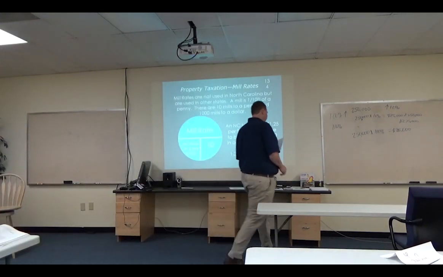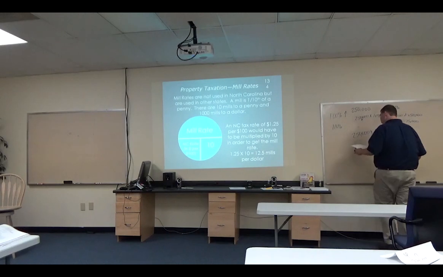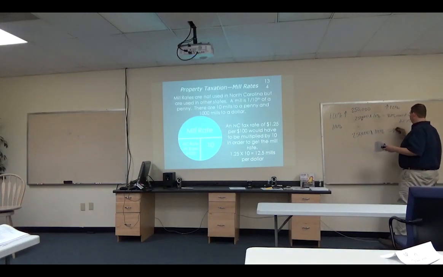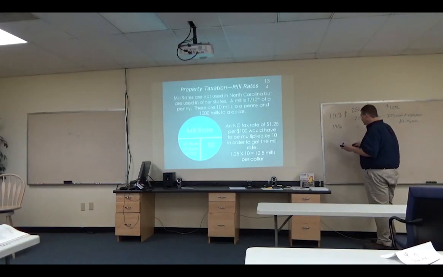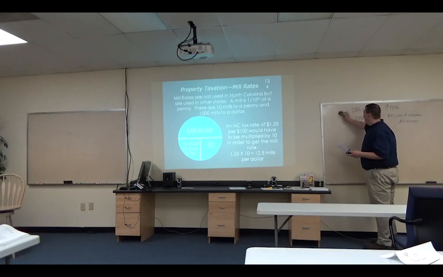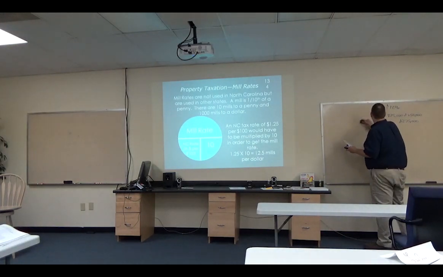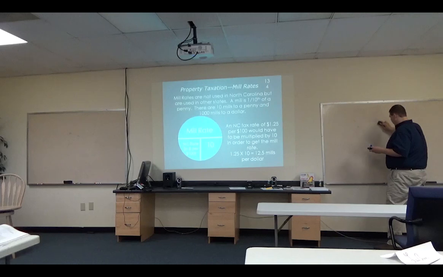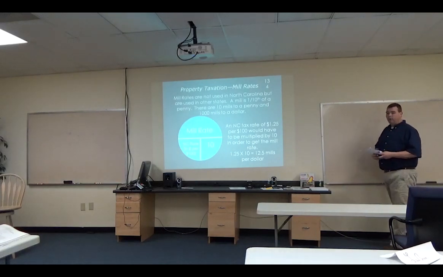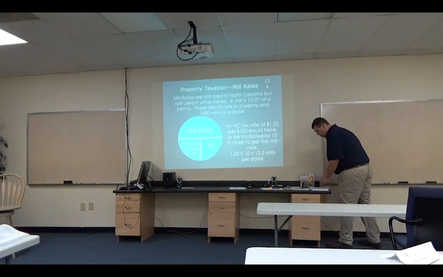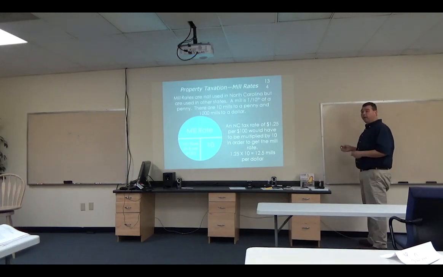On number 7, it says Michigan values property for taxation purposes at 65% of market value. Now remember, we don't really care about market value in the property tax equation. What kind of value do we care about? Assessed value, right?